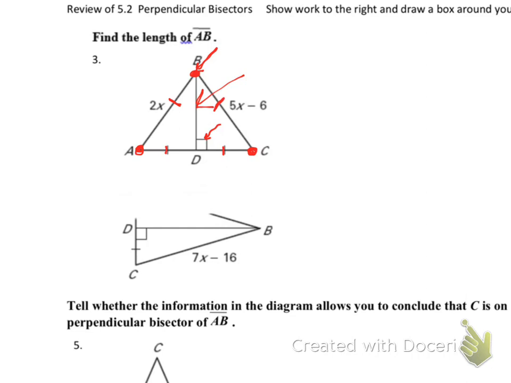So AB will always equal BC when B lies on the perpendicular bisector of AC.